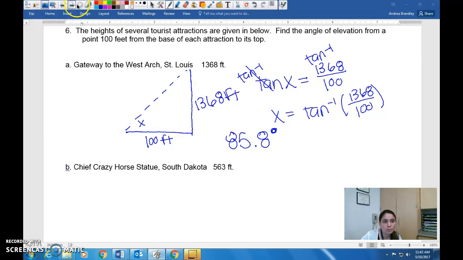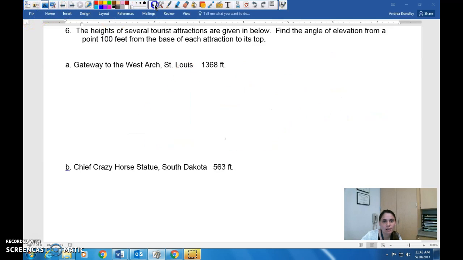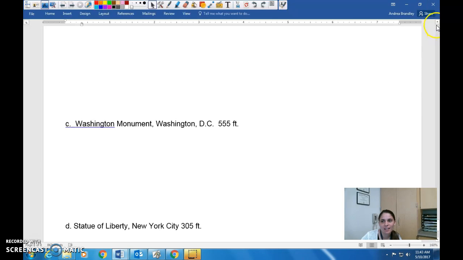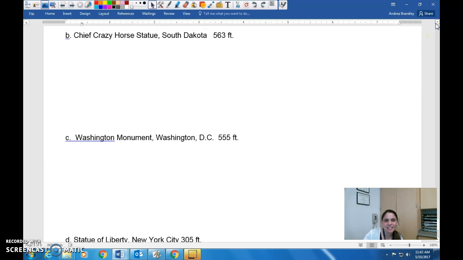So the rest of these are going to be set up very similarly because I'm just given new attractions with new heights. So Chief Crazy Horse statue is in South Dakota. It's 563 feet tall, and I'm still standing 100 feet away, and I still want to know this angle.